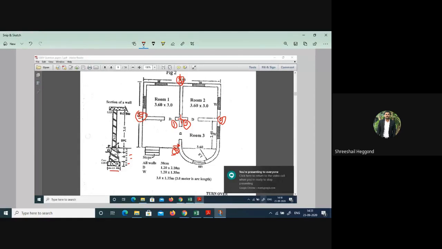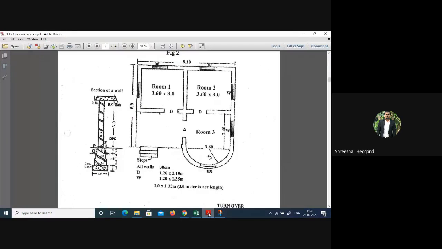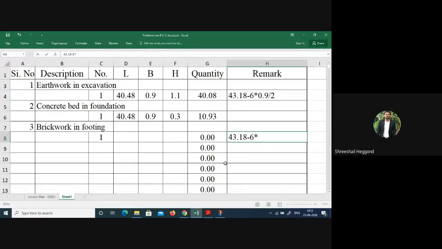You can see in the cross section, bottom is 0.9 and first footing is 0.6, second footing is 0.5, third footing is 0.4, and wall is 0.3. Therefore, 0.6 divided by 2 you can calculate. Find out the length. 41.38. What about others?